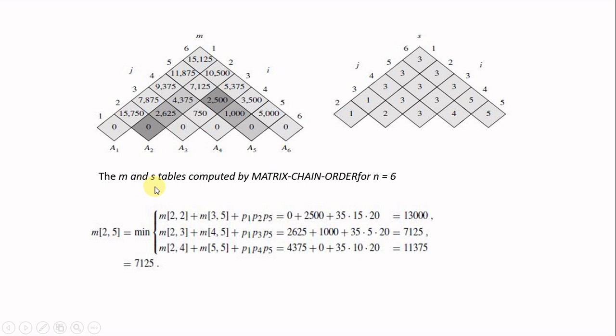So m of 1 comma 1 plus m of 2 comma 2, then plus p 0 into p k, where k is 1, p 1 into p 2. So that value is taken, and that is 15,750, okay.